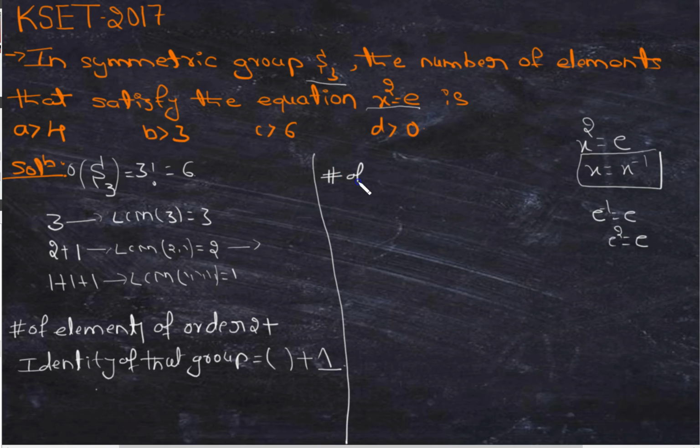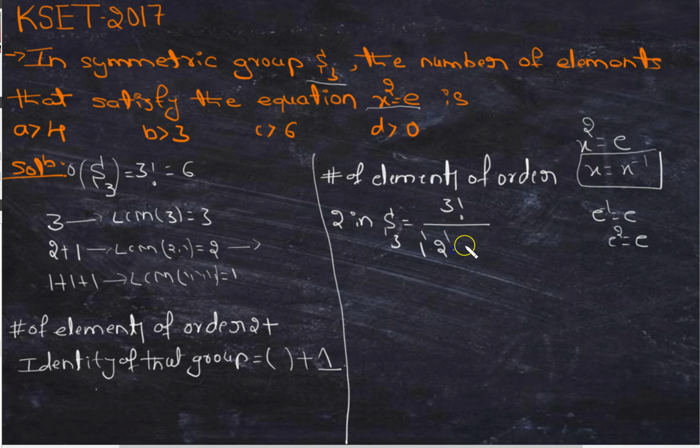The number of elements of order 2 in S3 is equal to n factorial, that is 3 factorial, divided by the corresponding partition 2 and 1: 1 to the power 1 and 2 to the power 1, into 1 factorial into 1 factorial, according to that formula.